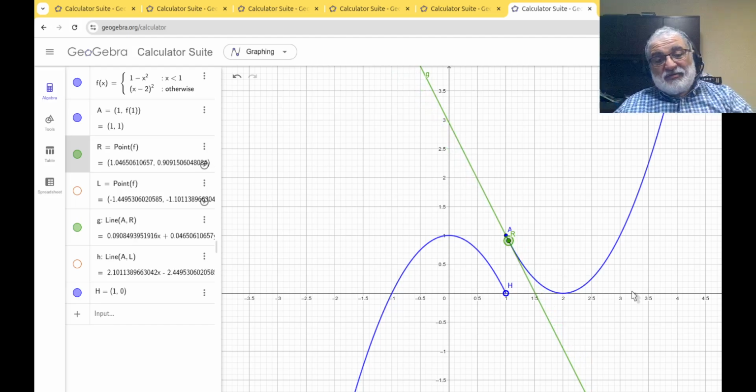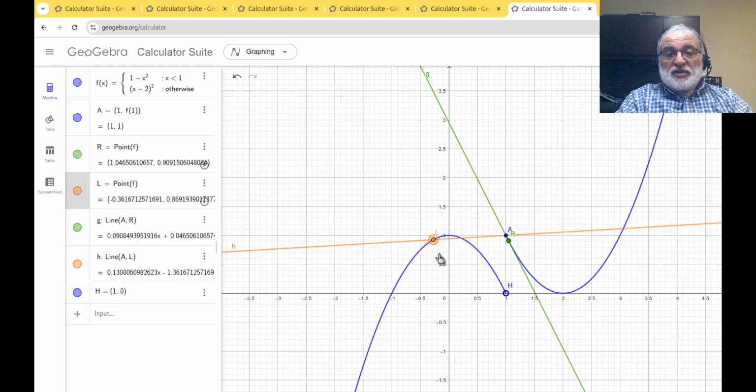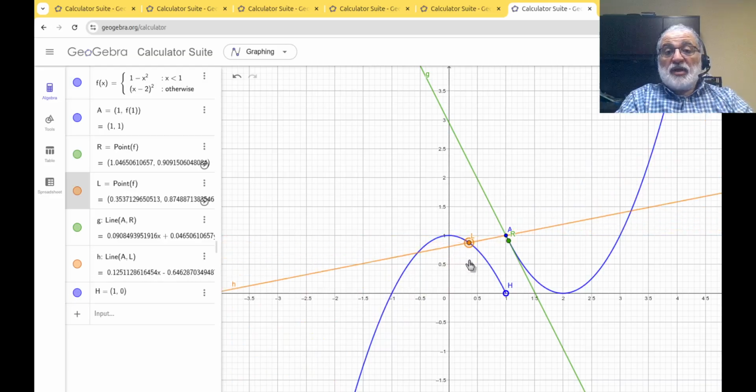We kind of have a tangent when we are coming from the right side of A. But what happens when we come from the left side of A? This is point L down here on the left side. We connect it to point A with this line, and then bring it closer and closer.